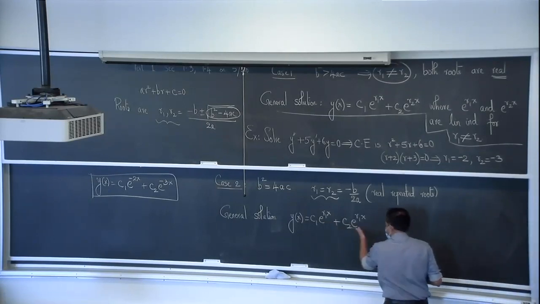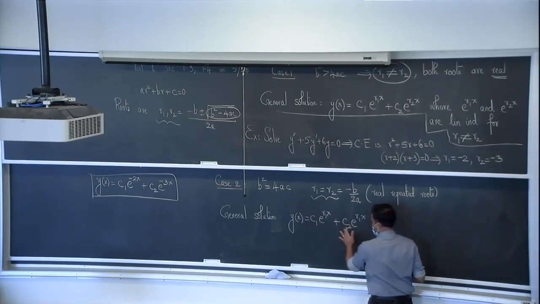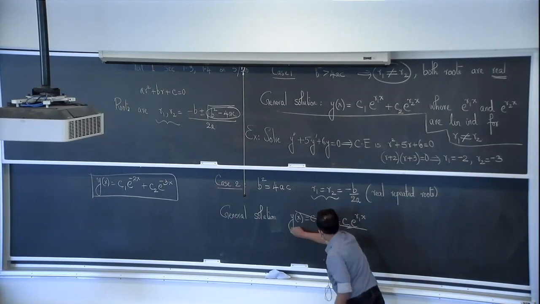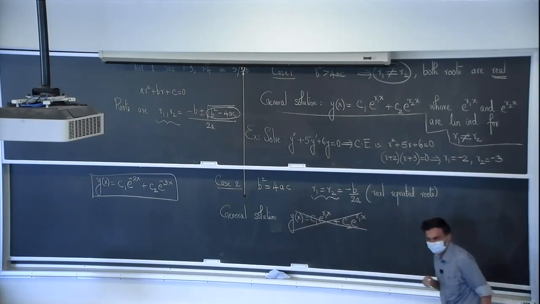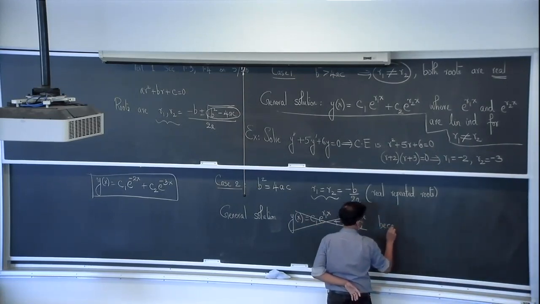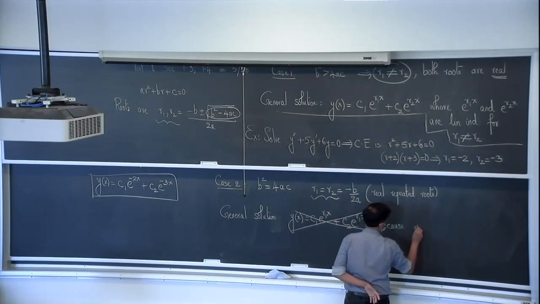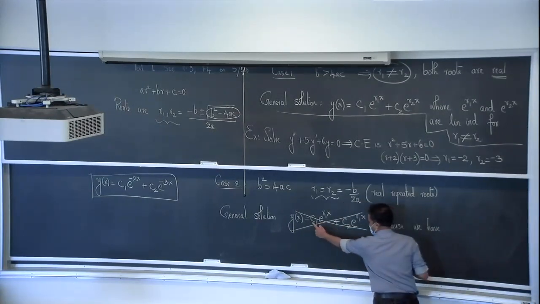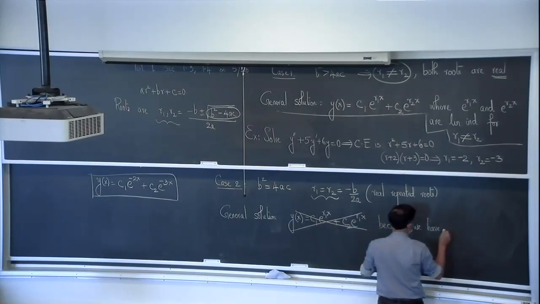Yeah, they're the same terms. You just change C1 to C2, I could call this C5, who cares? These are the same functions, so this is not right. Please don't do this. So we need something to replace the second term here. This is wrong because we have linearly dependent terms, since this is just a scalar multiple of this.